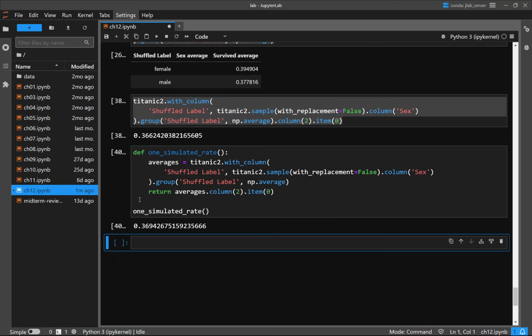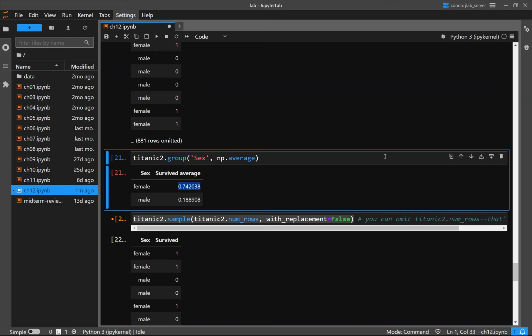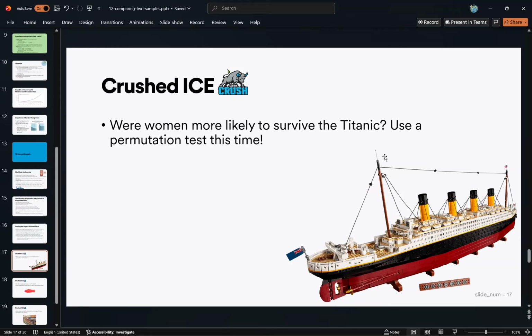So this is me assuming that it didn't matter if you're a man or a woman; we were shuffling labels. How often did we get a value this extreme or more, right? How often did we see this many women surviving or more, because our alternative is that women were more likely to survive?